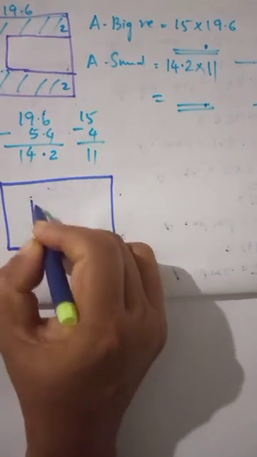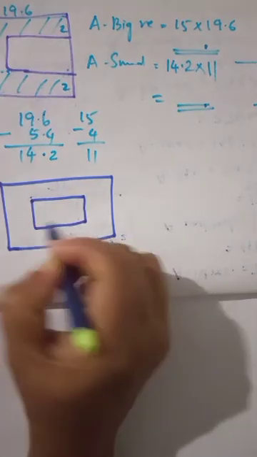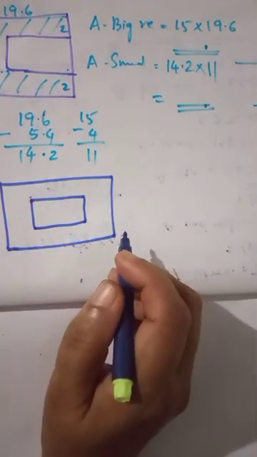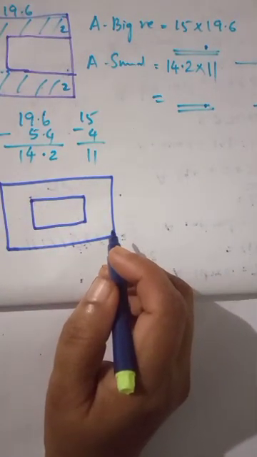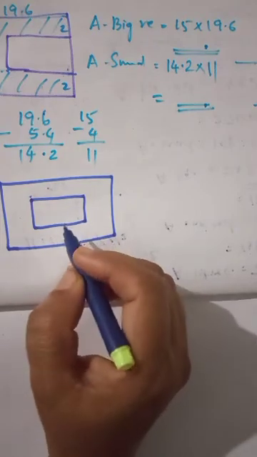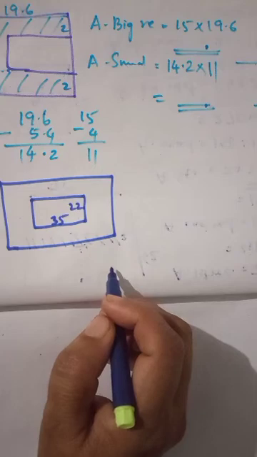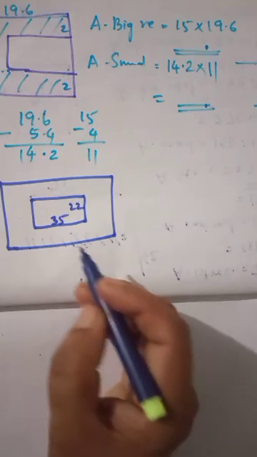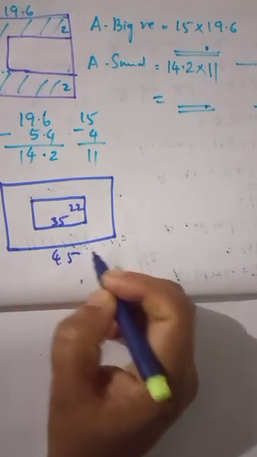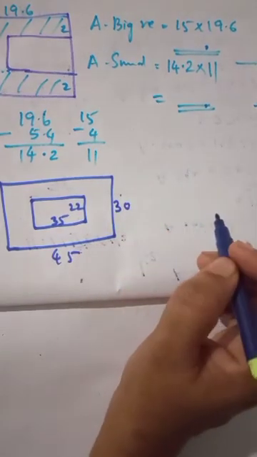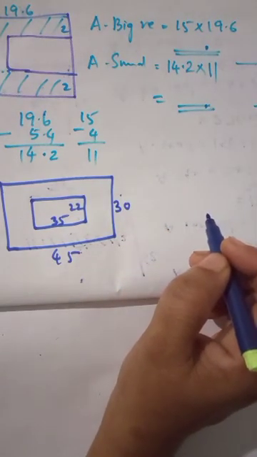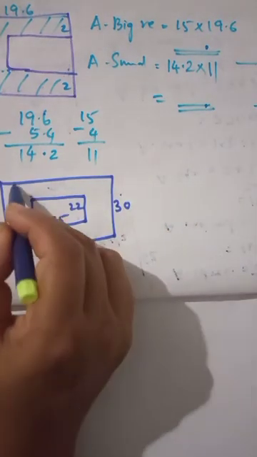A photo is pasted inside the frame, and that photograph of size 35 and 22. This is 35 and this is 22. Mounted into a frame of external dimension 45 and 30. Find the area of the border surrounding the photograph.